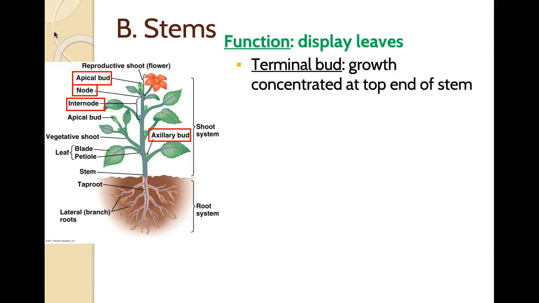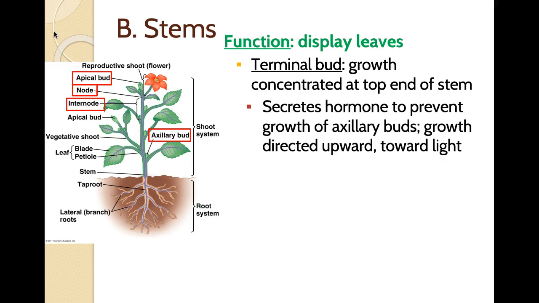First, the terminal bud. The terminal bud is also known as the apical bud, and this is growth concentrated at the top end of the stem. So it allows the plant to grow upward. It also secretes a hormone that prevents the growth of auxiliary buds. The growth is directed upwards, as I just said, towards the light.